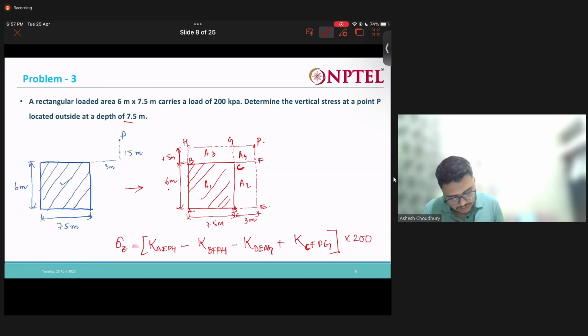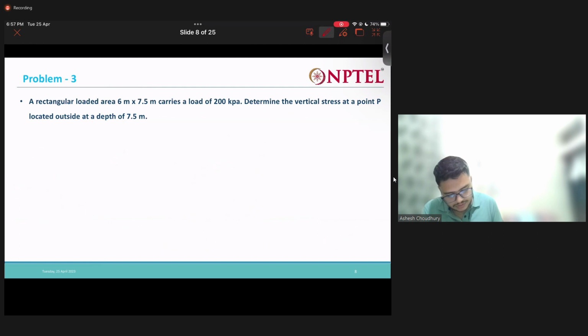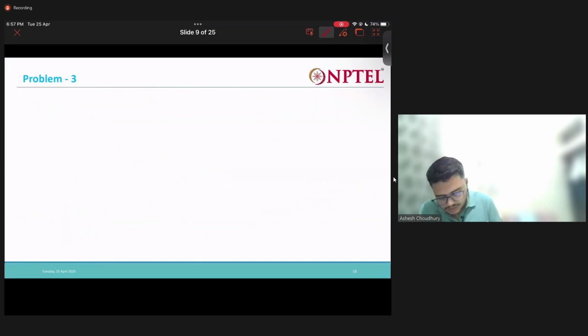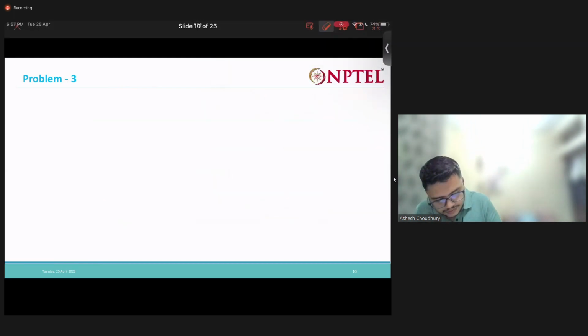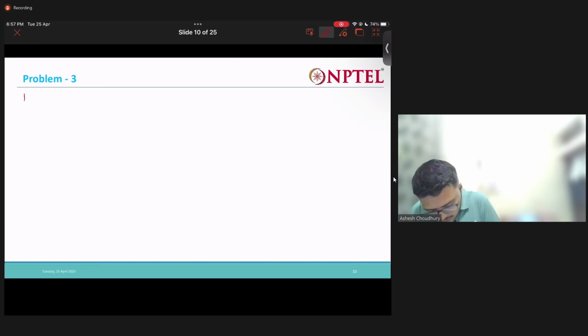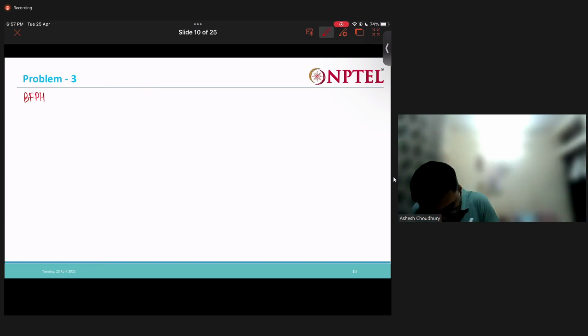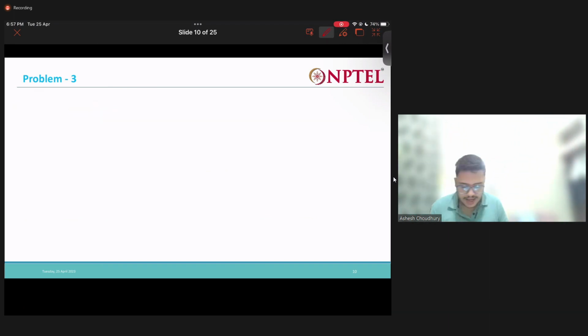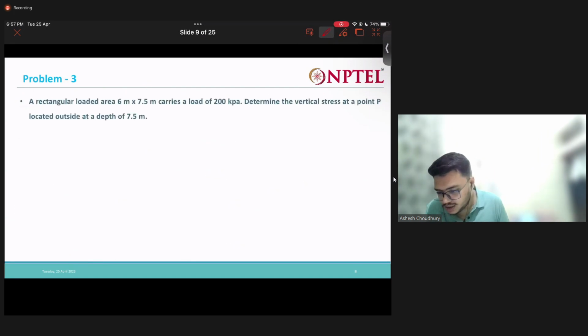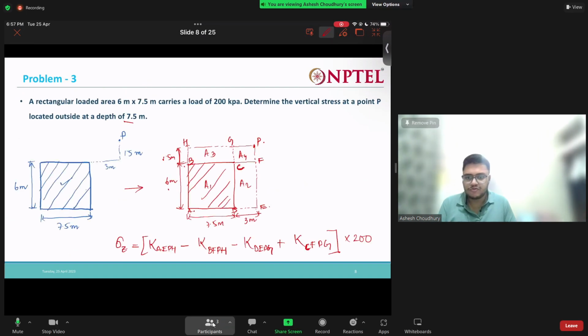Similarly, you can find out for other areas, say BFPH. So K for BFPH. Here M is equal to L by Z. So what is the L for BFPH? Can you just see and tell me, for BFPH how much is the L?